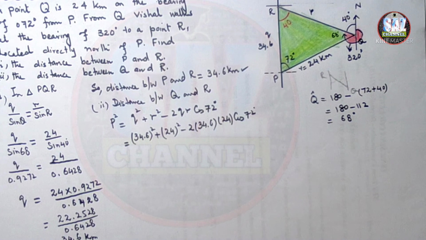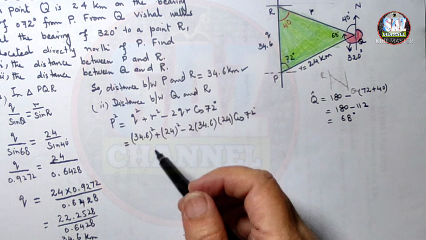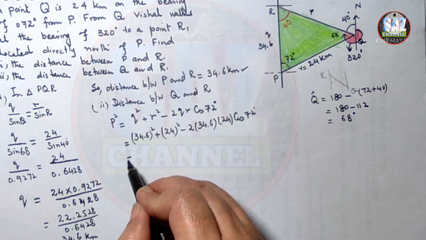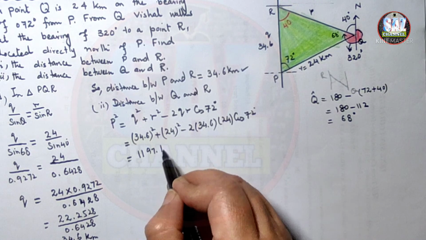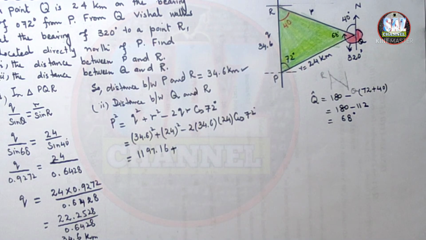Now let me check the square of 34.6. 34.6 square gives me 1197.16. 24 square is 576.